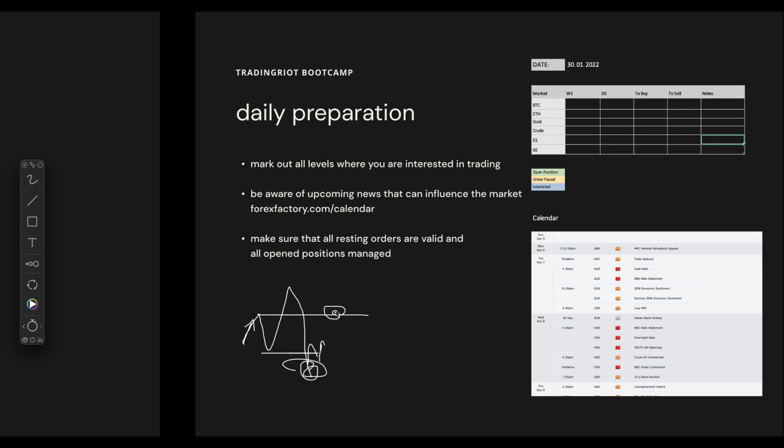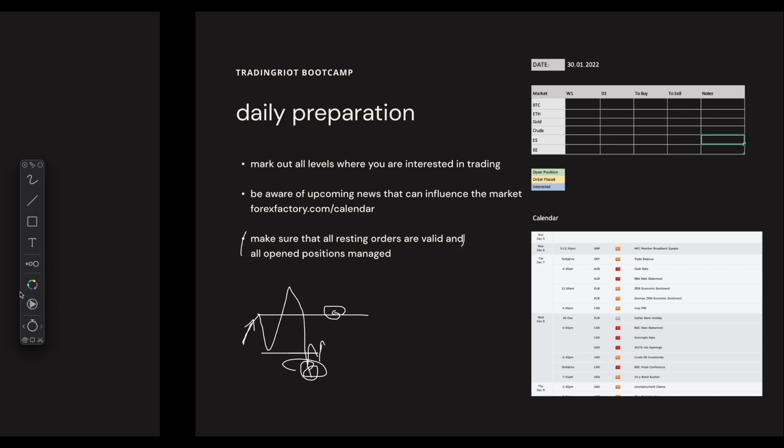Then you want to be sure that you pull the order before this happens. If you are in doubt, then just skip the trade and wait for the next opportunity. So this is also an important thing that I want to do every day.